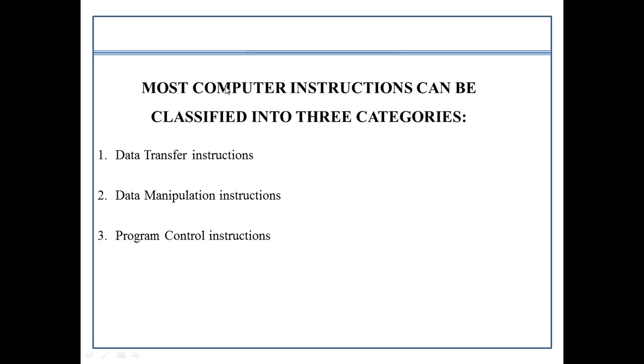Before beginning, I would like to discuss that in the basic computer, we have learned that the instructions are broadly classified in three forms, right? One was the memory reference instructions, another was the register reference instructions, and the third one was the input output instructions.